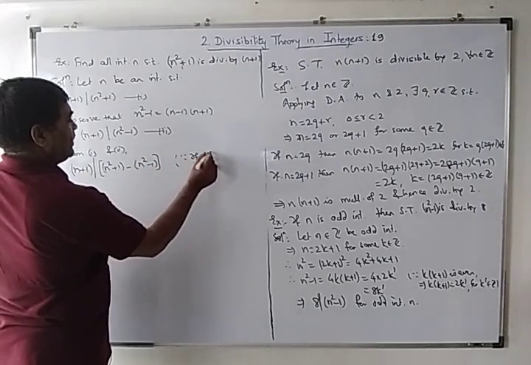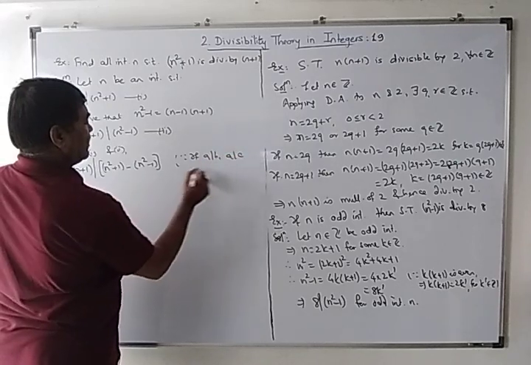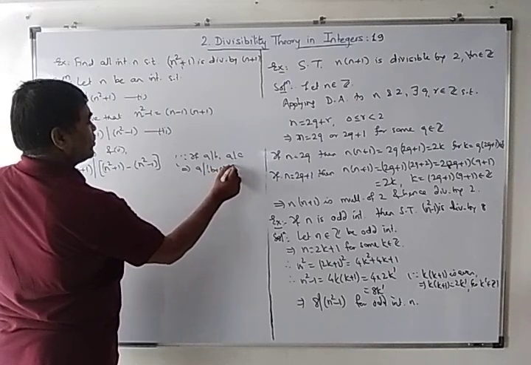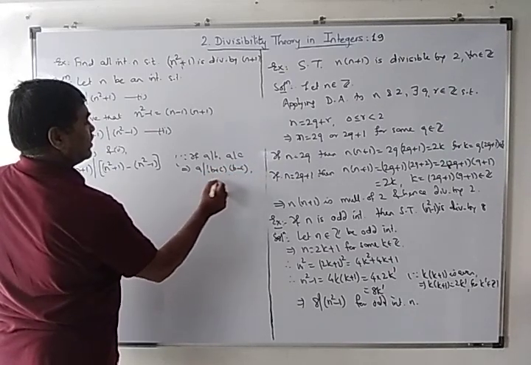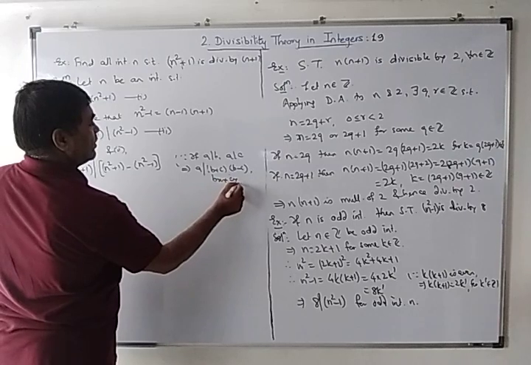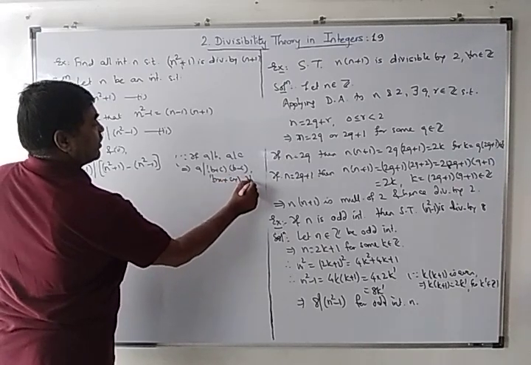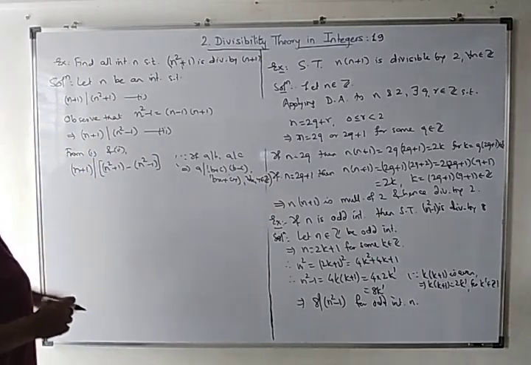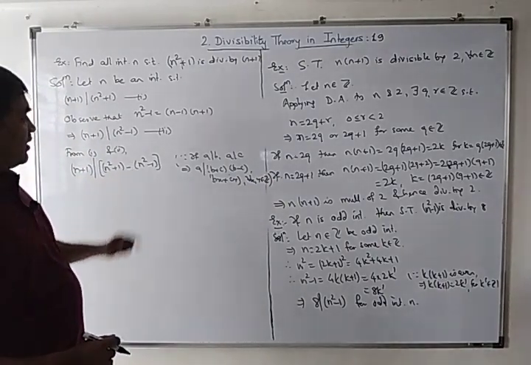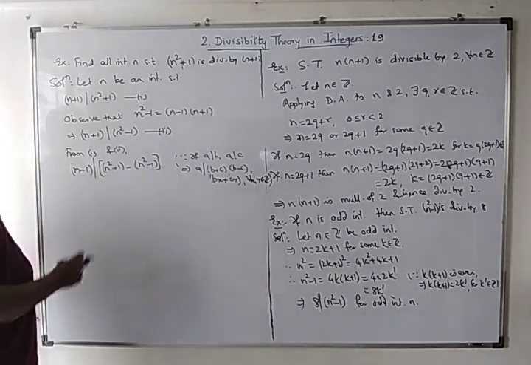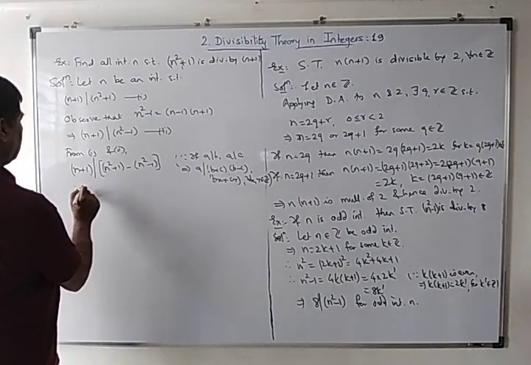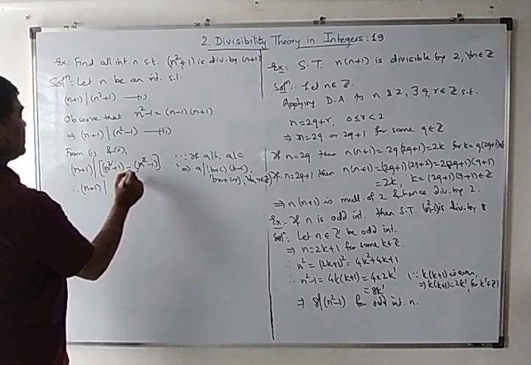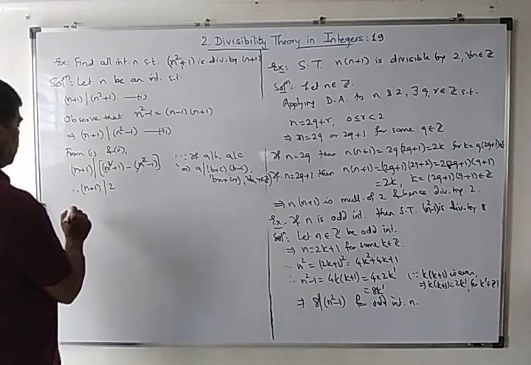If A divides B, A divides C, implies A divides B plus C, B minus C, Bx plus Cy for any x, y belonging to Z. That result we have proved. So if I take x is 1, y is minus 1, we are getting this, and therefore n plus 1 divides this. The n square will cancel, so n plus 1 divides 2.